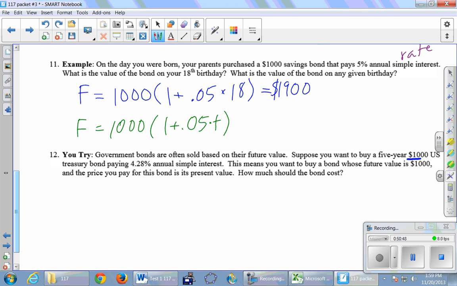This $1,000, is that what you put in or is that what you get out? That's what you get out. So you're going to put in more or less than that. Better be less. You're going to put in some amount less than 1,000. It's going to grow over the course of 5 years, and at the end of 5 years, it's going to be worth exactly how much? $1,000. So work with your neighbors on this one.